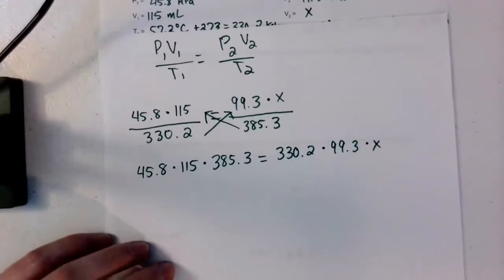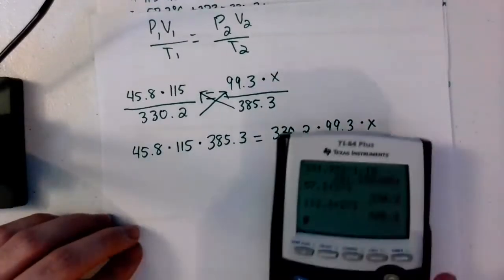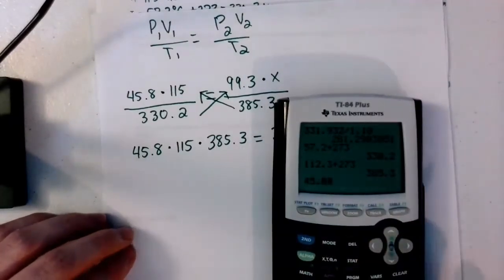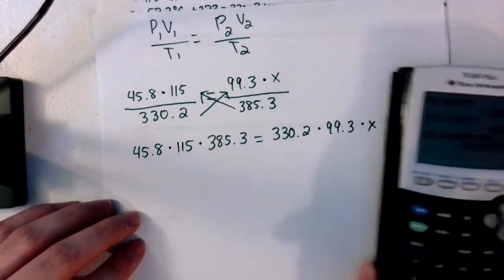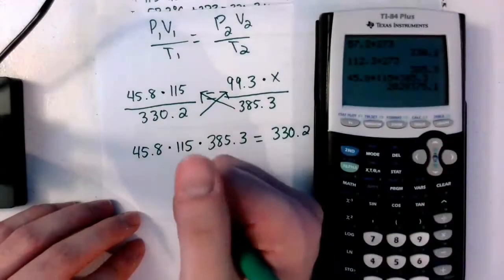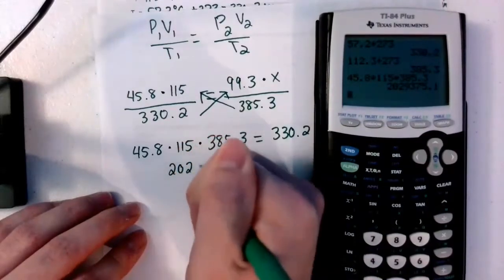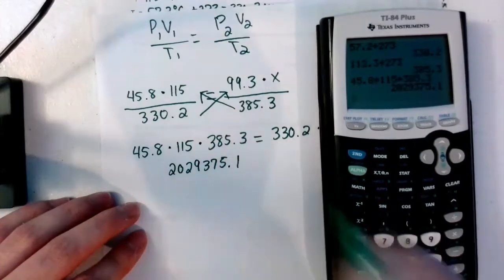So on the left side, I'm just going to multiply all three of these numbers together in my calculator all at once. It's going to be 45.8 times 115 times 385.3. So you've got this gigantic number, and that's perfectly fine. I'm just going to copy this number over. So it is 2029375.1.